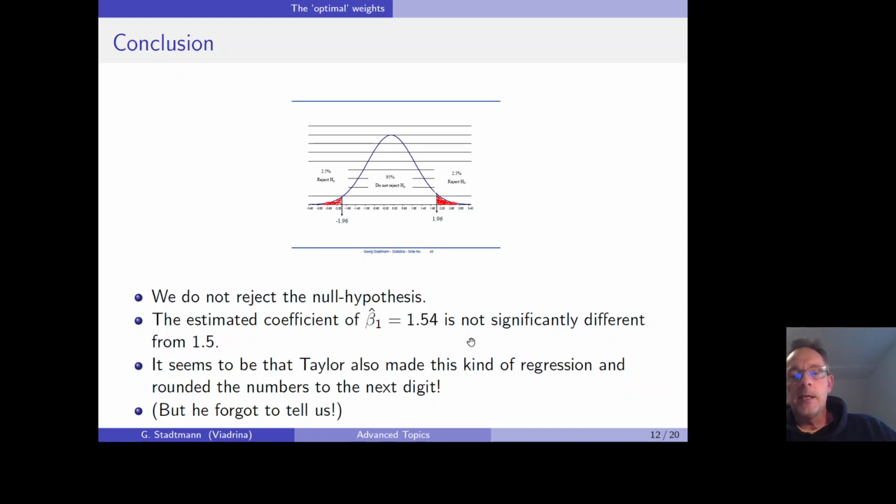It seems to be the case that Taylor also made this kind of regression and rounded the numbers to the next digit. But maybe Taylor forgot to tell us about this step in his paper.